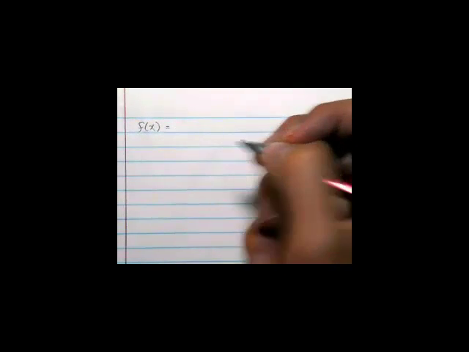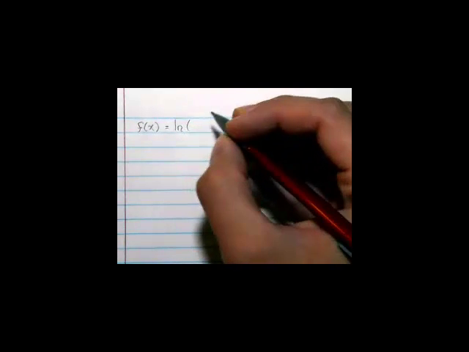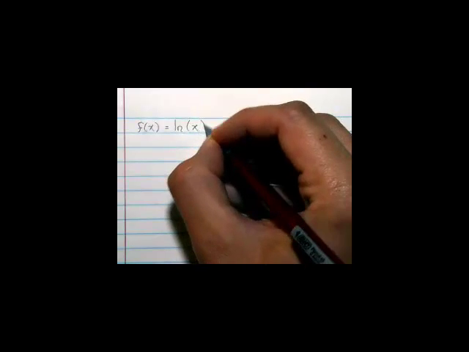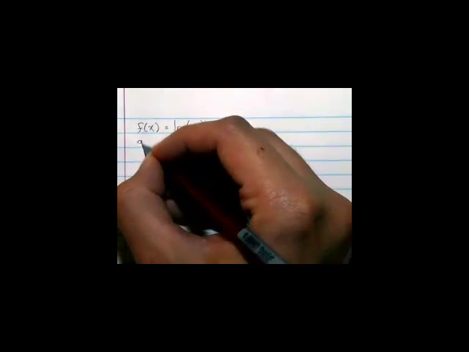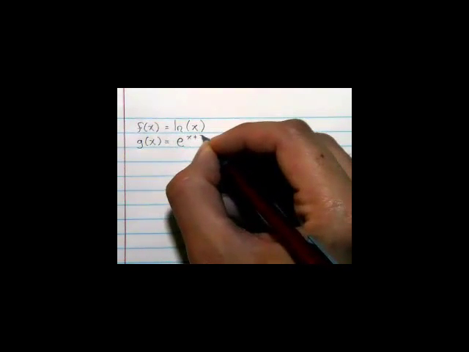So how about we'll do f of x equals the natural log, and g of x will be e to the x plus 5.